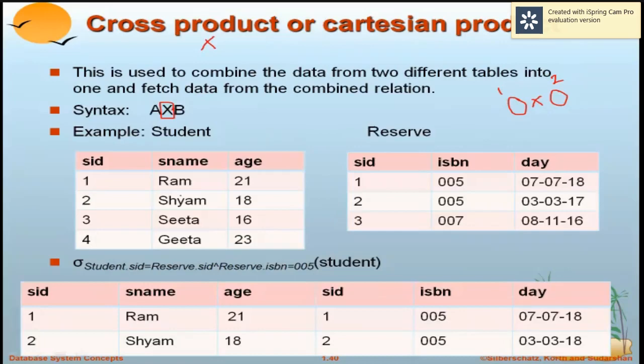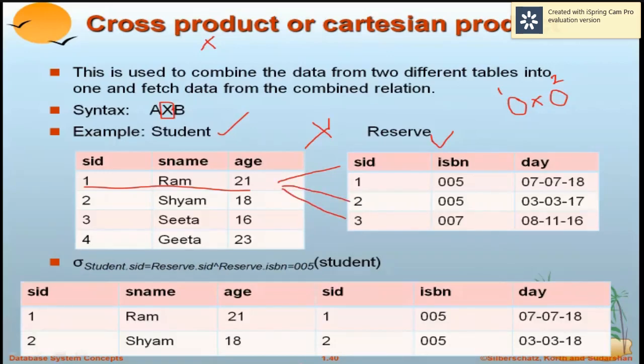Okay, let's directly go to the example. I have a table called student and a table called reserve. So when I apply cross product or Cartesian product between table student and reserve, this tuple, that is 1 ram 21, will be combined with the remaining tuples of the second table.